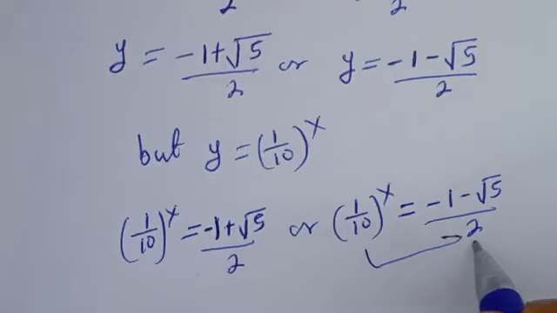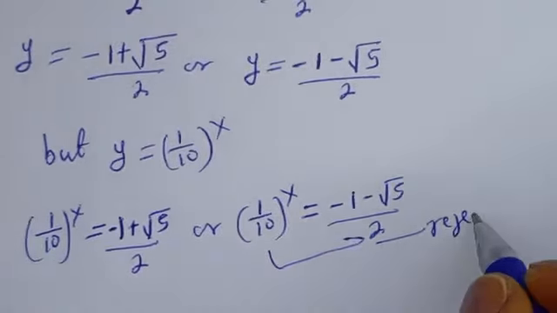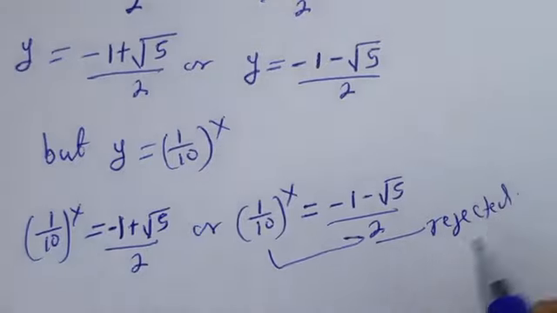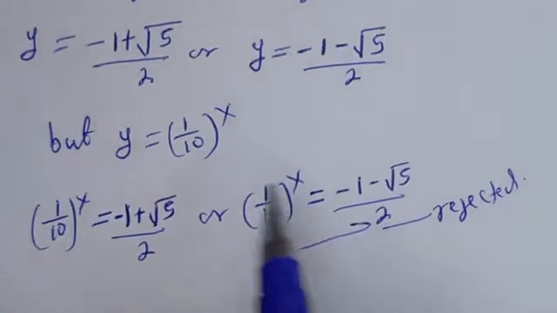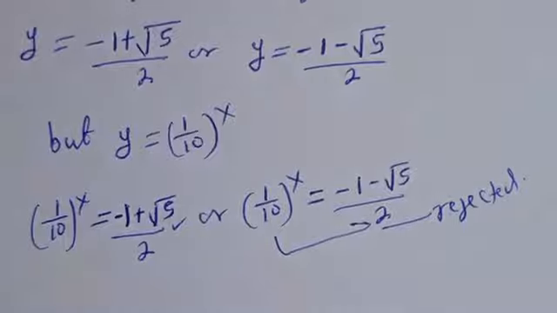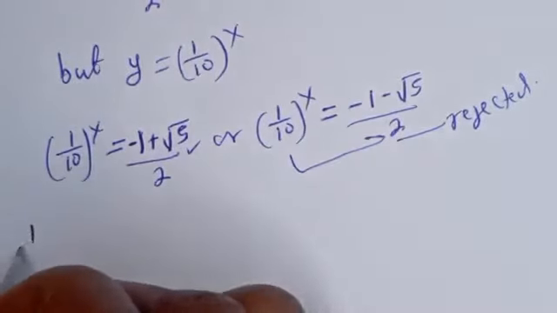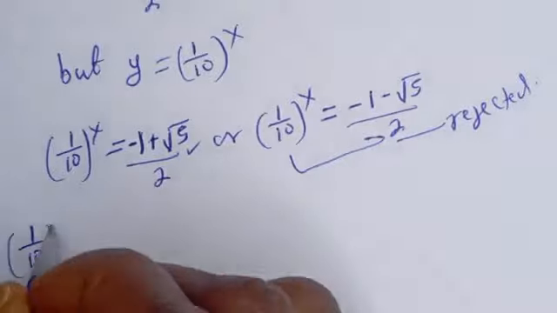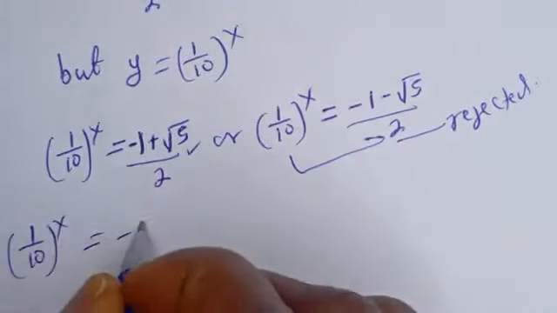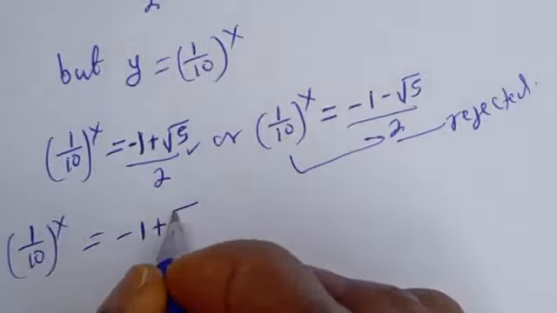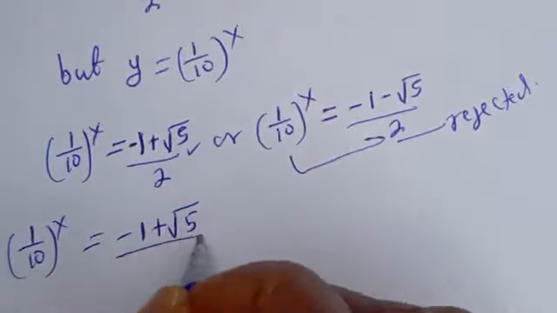The whole of this is rejected. So the only solution we consider is this. Therefore, 1 over 10 to the power of x is equal to minus 1 plus root 5 over 2.